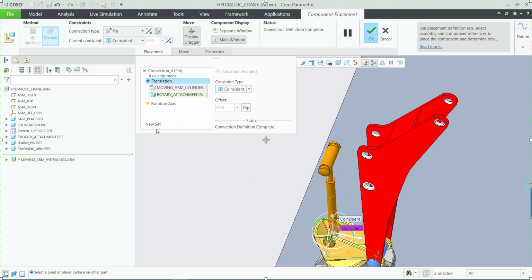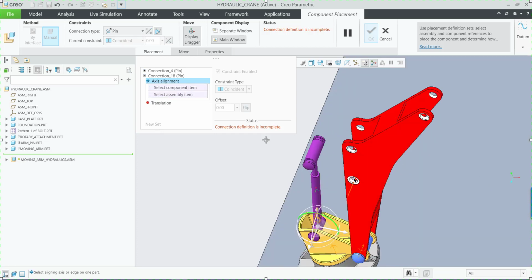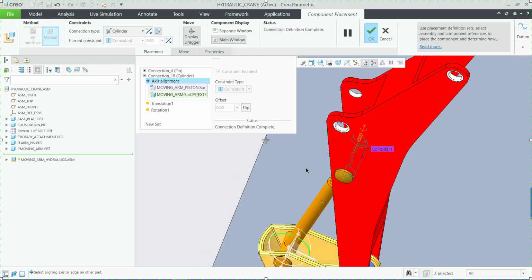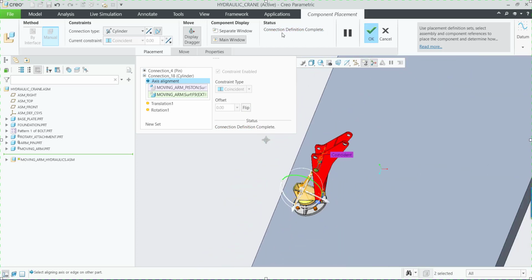So for this case I would have to go to the new set, and now at this hole location, instead of having a pin connection, I would go for a cylinder connection, because it has 2 degrees of freedom, one translation and one rotation. So that's why we have to define over here only the axis alignment. So let me choose this surface and the hole surface over here. That way I have got the connection definition complete for the moving arm hydraulics.